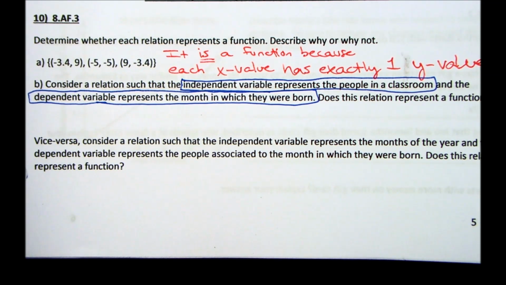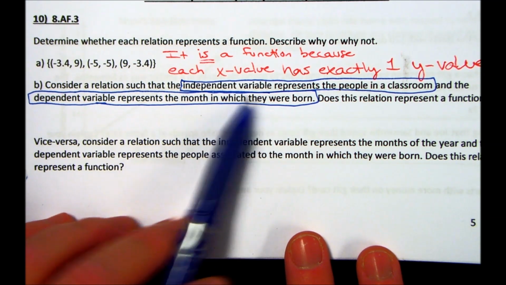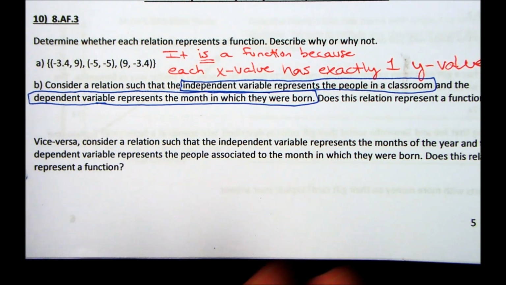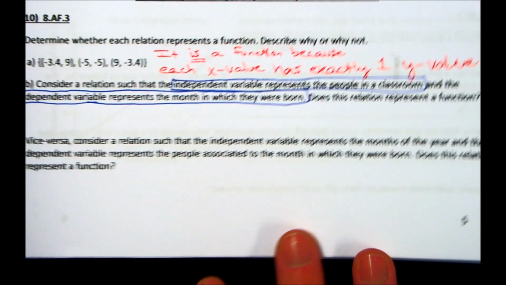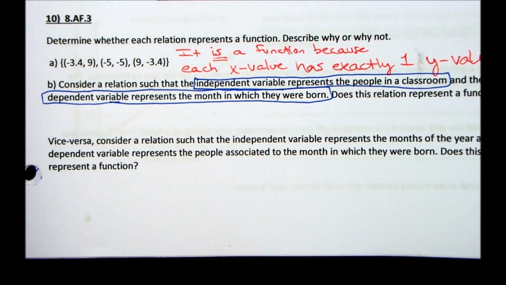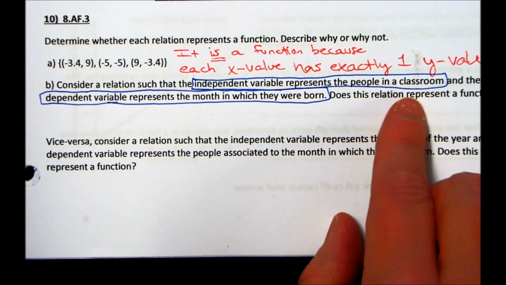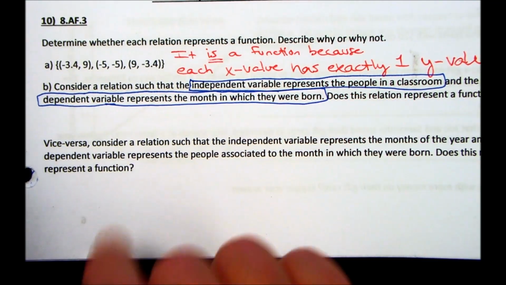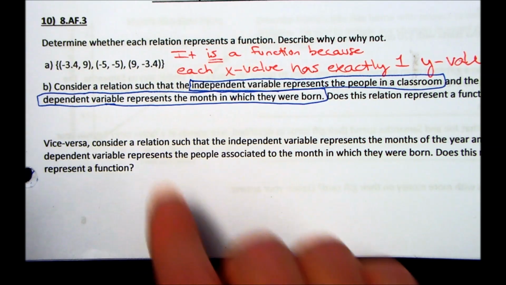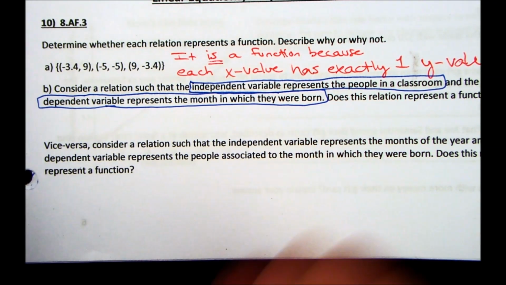But some of the people might choose the same type. Well, if you think about this, each person in the classroom can only be born in 1 month. They cannot be born in 2 separate months. But some people may be born in the same month, and that's okay, as long as each input variable or independent variable, like the x or person in the classroom, has exactly one output value or month that they were born, which is true.